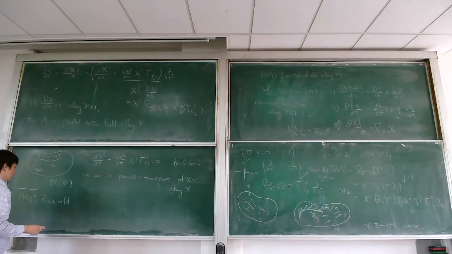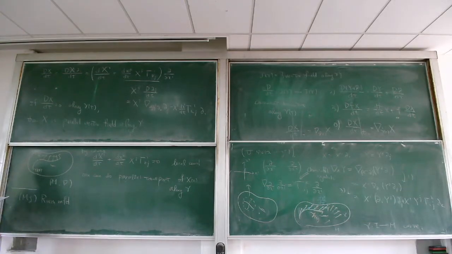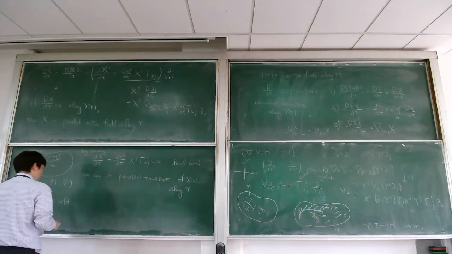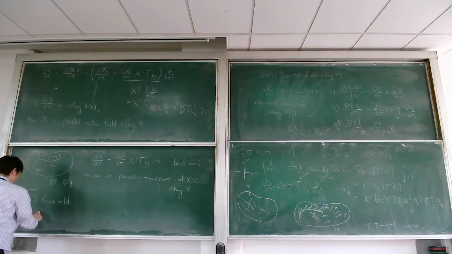But if you consider a Riemannian manifold, there is one connection that is compatible with the metric g. That's what we're going to consider, which is called the Levi-Civita connection.